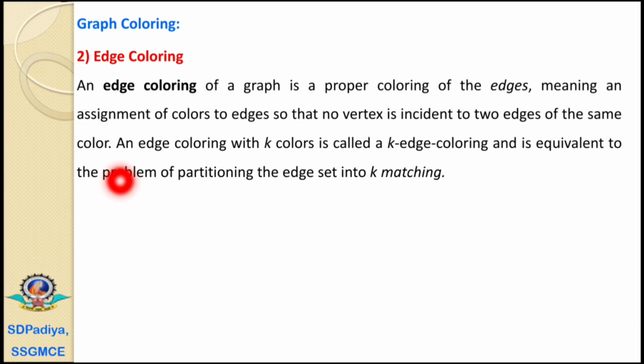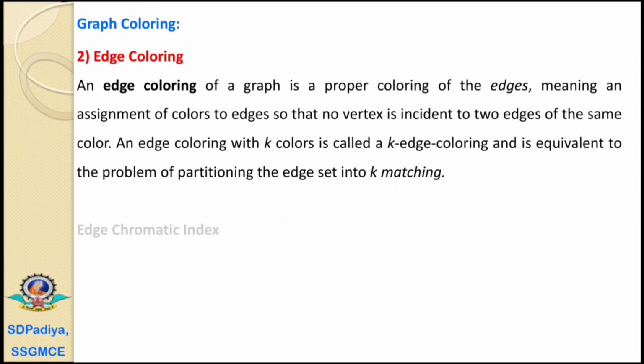Any edge which is connected to the same vertex must differ. An edge coloring with K colors is called a K edge coloring and is equivalent to the problem of partitioning the edge set into K matchings.